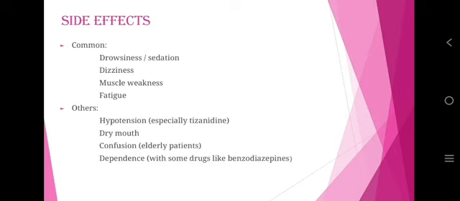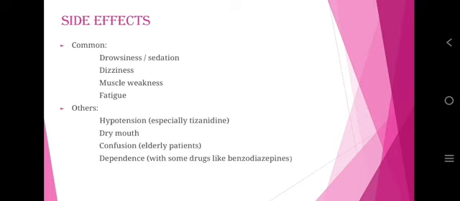Side effects: the common side effects are drowsiness or sedation, dizziness, muscle weakness, and fatigue. These four are the common side effects which occur with the administration of centrally acting skeletal muscle relaxants.